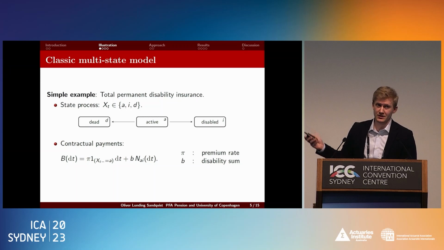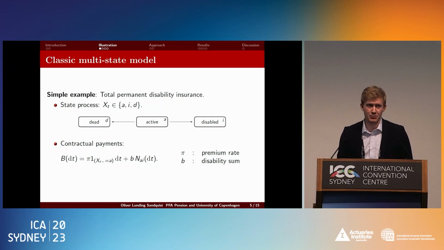And note that we don't model death after disability, since there are no payments strictly after entering the disabled state, because, well, we specify the cash flow like so. So there is some premium rate pi here while you are in the active state, and then if you transition to the disabled state at some point, you are paid this sum of B.